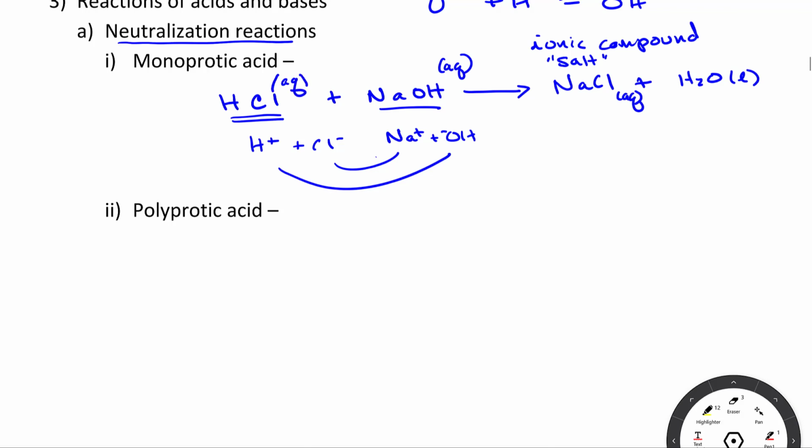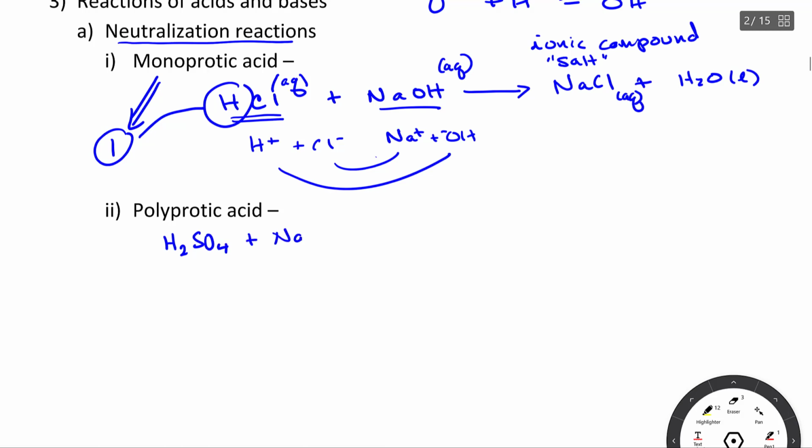Now, HCl is what's known as a monoprotic acid, and it's called a monoprotic acid because it only has one hydrogen. So that's what monoprotic means. Okay, so a polyprotic acid would be anything with more than one hydrogen. So you can have H2SO4, and if I react that with sodium hydroxide, you can have actually two different kinds of neutralization reactions.